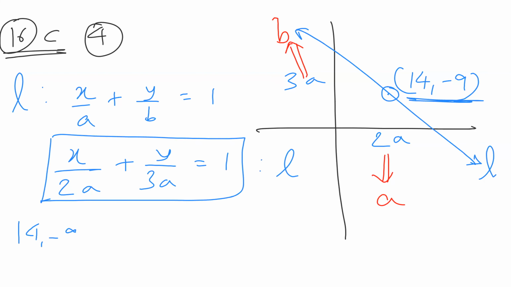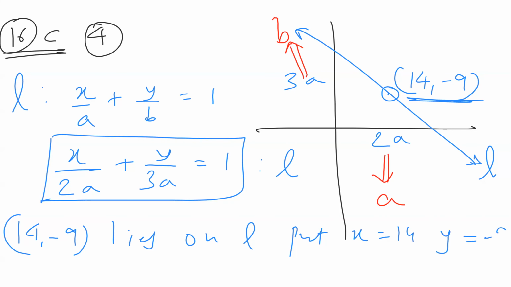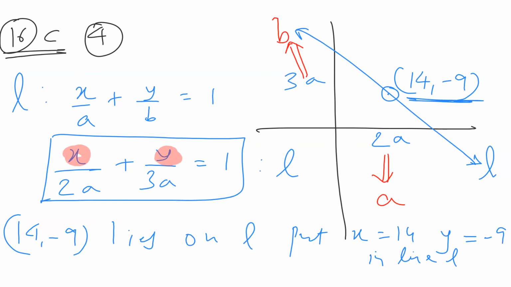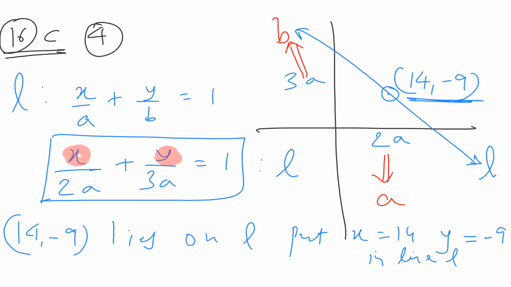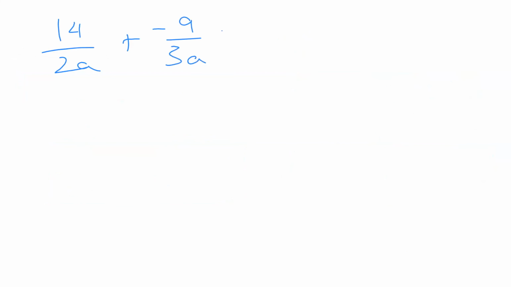Now (14, -9) lies on line L. So put x is equal to 14, y is equal to -9 in line L. I'll show you the calculation. x value is 14, so 14 upon 2a, y value is -9, so minus 9 upon 3a is equal to 1.